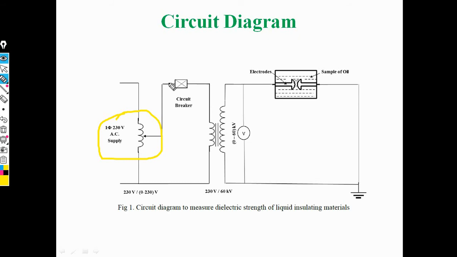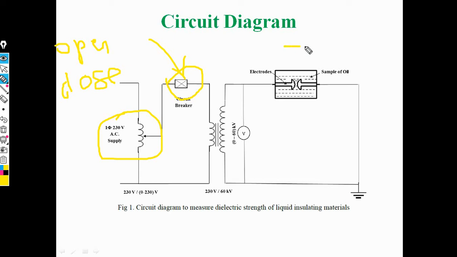Now, what is the function of the circuit breaker? It opens the circuit and closes the circuit.